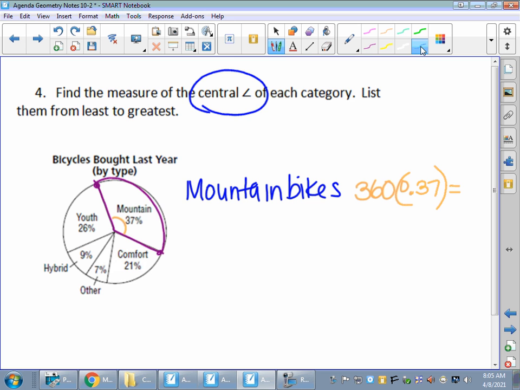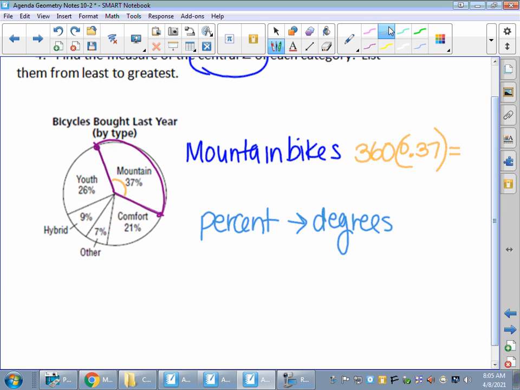So if we want to turn a percent into degrees, make yourself a note. Percent to degrees, you're going to do 360 times the percent. Make sure you turn it into a decimal before you multiply. Otherwise, your math won't make sense.